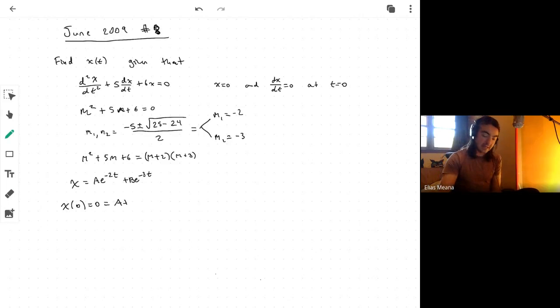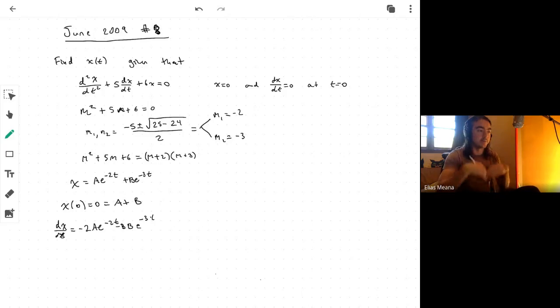And then we also know that x prime of t, or dx/dt, if we actually take the derivative here, is minus 2a e to the minus 2t minus 3b times e to the minus 3t. We've got to be careful that we don't do renaming here, because this is the same a and b as in your first equation. So don't rename. Minus 2a is not a here, okay?